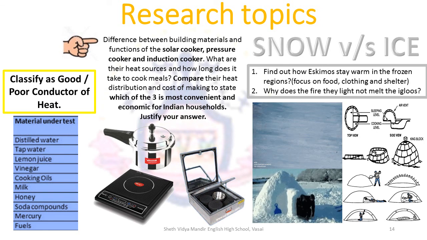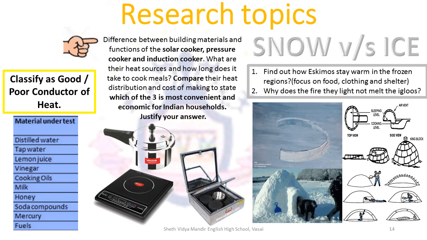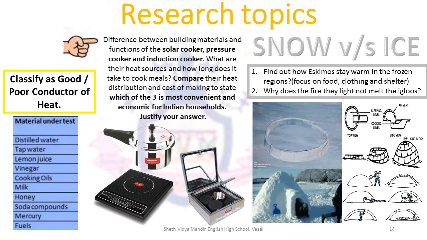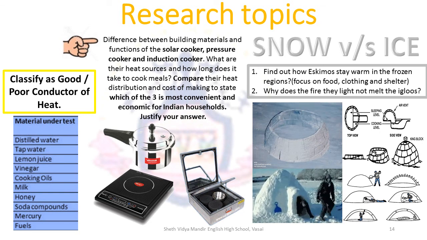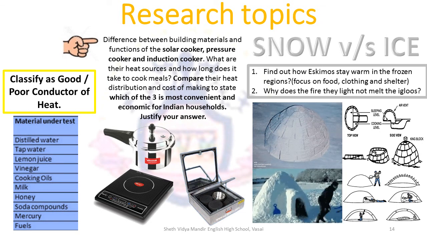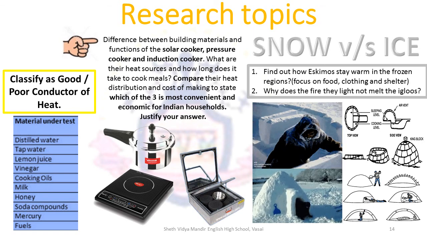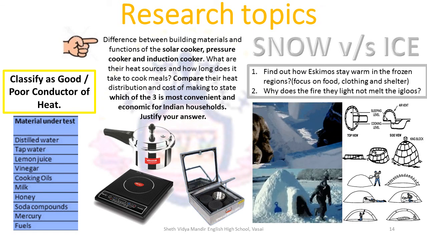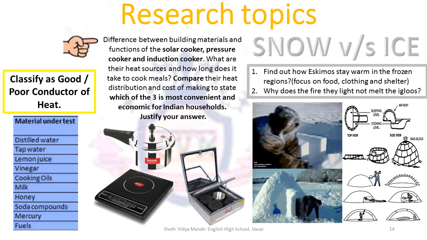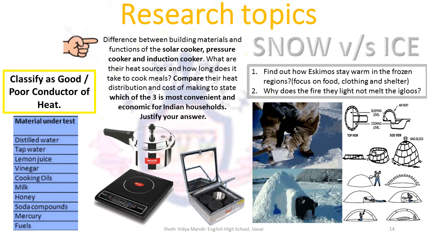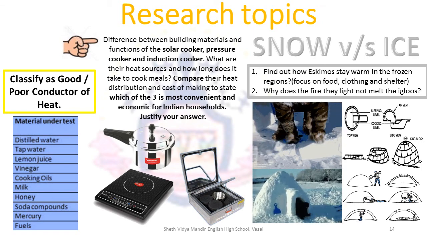The topic of heat is quite a fascinating concept with various applications. What you will do is research a few topics. What is the difference between the building materials and functions of a solar cooker, a pressure cooker and an induction cooker? What are their heat sources is what you will find out.